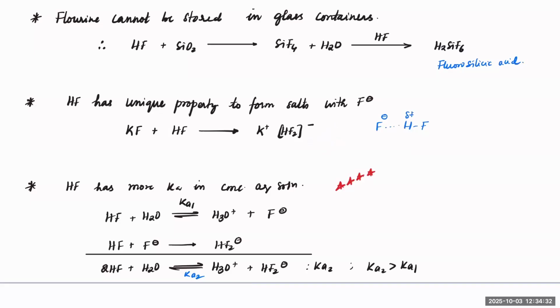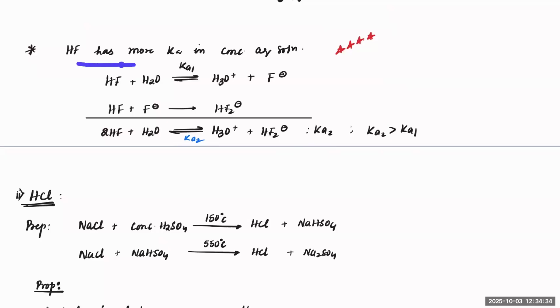Clear, beta? And HF has a higher Ka value in concentrated aqueous solution, which means its acidic strength will increase in a more concentrated solution. Why? HF on adding to water will release H3O plus and F minus, correct? But if we have concentrated HF, that F minus will again interact with HF to convert into HF2 minus.